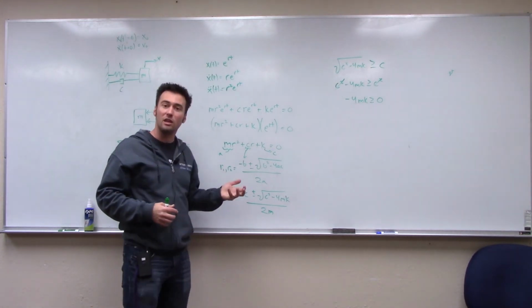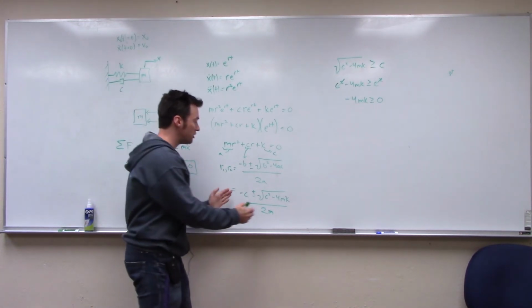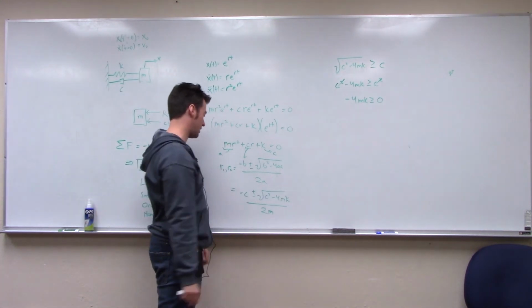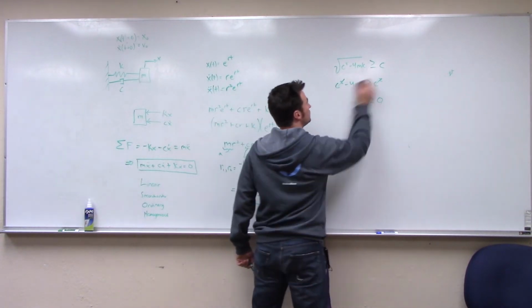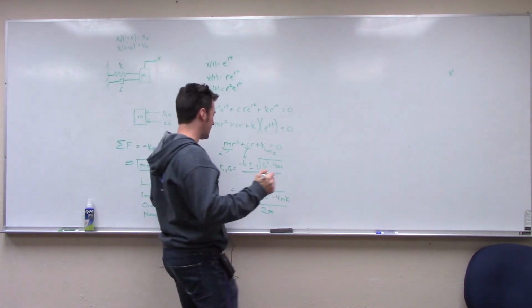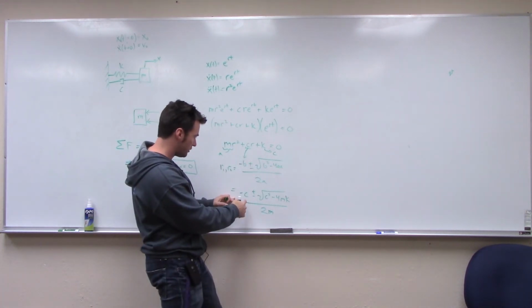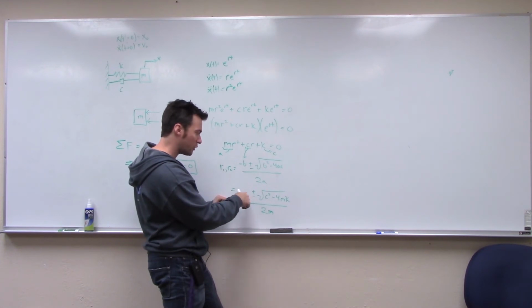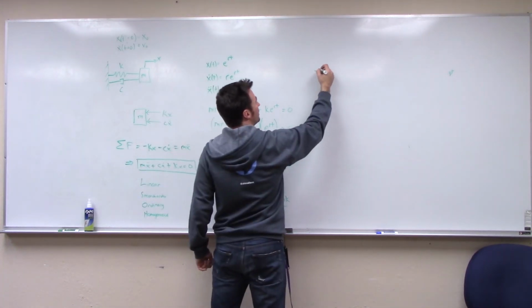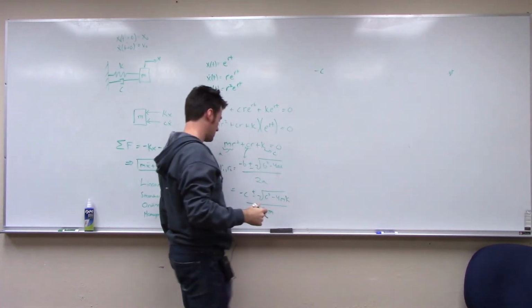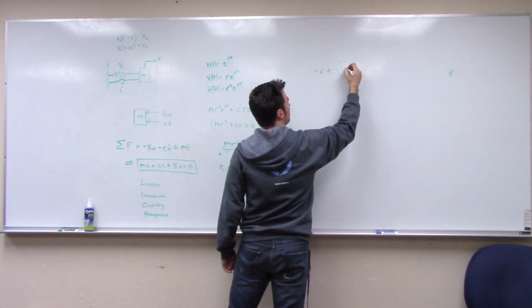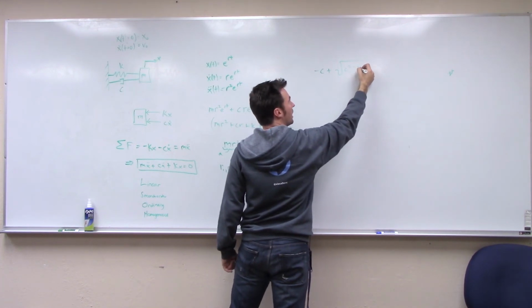Let's see if this thing can be real. How can we make this thing be real and negative? In order to be real and negative, we'd have to have negative c, either plus this thing or minus this thing, less than 0. Let's start with negative c plus the square root of c squared minus 4mk.